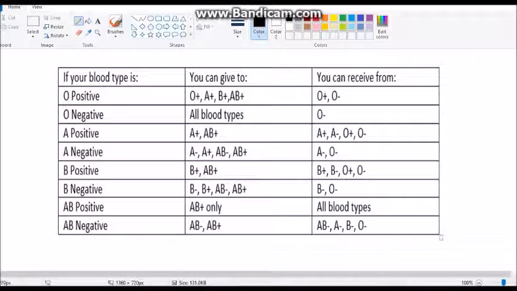AB positive, on the other hand, can only be given to AB positive, right? Because they have every single marker on their cell, they're always going to trigger a response in the bodies of anybody other than an AB positive person. On the flip side, because they have every single marker and actually no antibodies, they can receive blood from anybody, right?